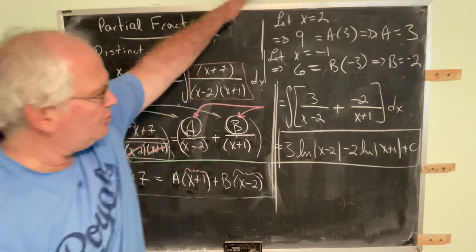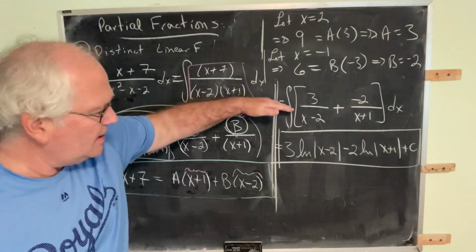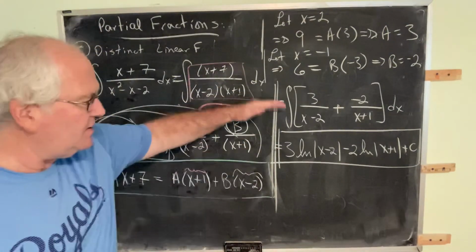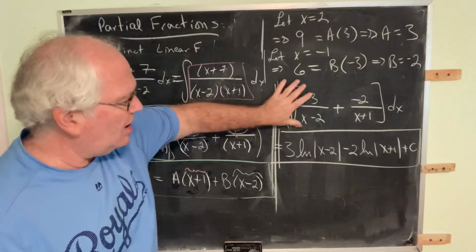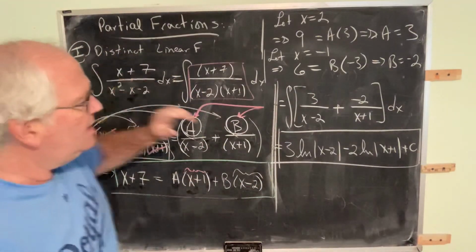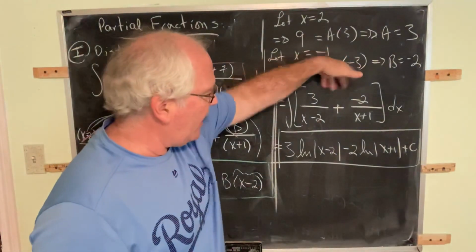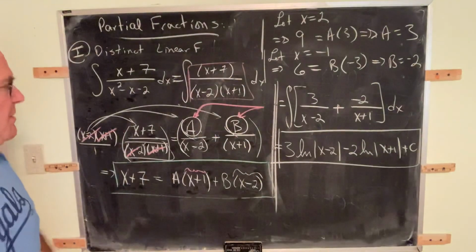All of this algebra is the whole point of getting your ducks in a row so that the antiderivative becomes very easy to do. So you change this expression into the partial fraction decomposition. The antiderivative of the original is equal to the antiderivative of the partial fractions. And in this case, that's very straightforward because that's just the natural log form.